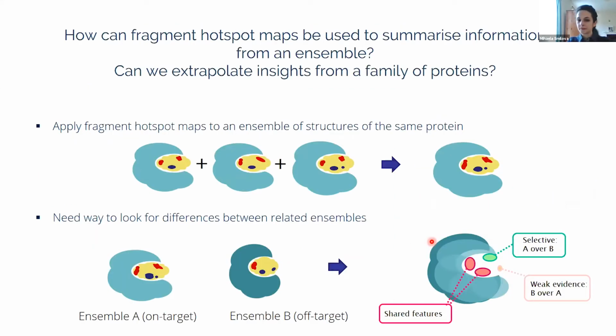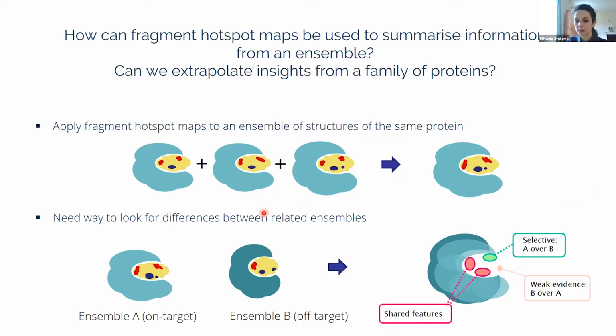So now we've looked at how a single fragment hotspot map is calculated, but the crystallographic fragment screening output is an ensemble of structures of the same protein in complex with different fragments. So we set out to determine how information from multiple hotspot maps can be summarized for a single target.